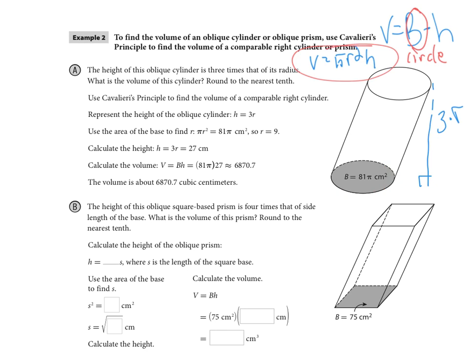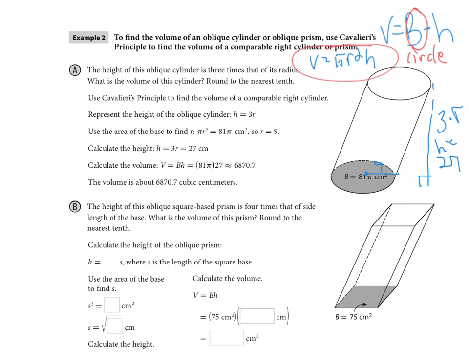So if we use the area of the base to find r, then the area of the base, which is a circle, pi r squared, equals 81 pi. Pretty quickly, if we take our pi's out of the picture and do a square root, we get that the radius is 9. So I'm going to draw that on the diagram. The radius is 9. That makes the height equal to 27.